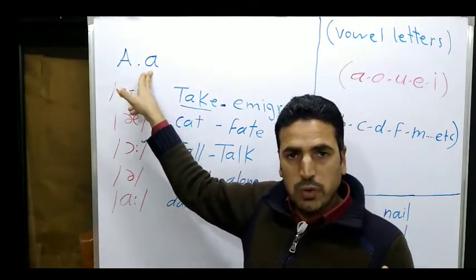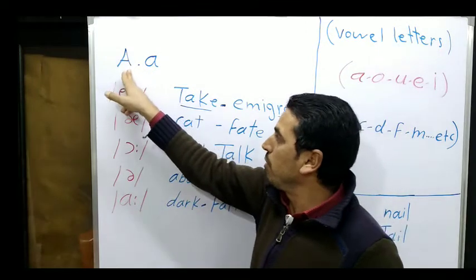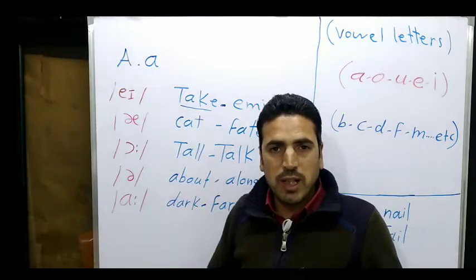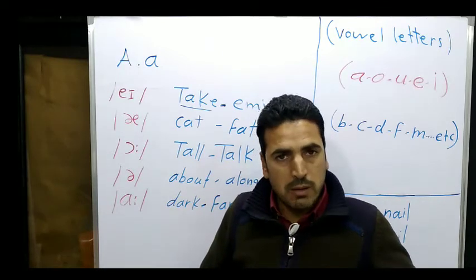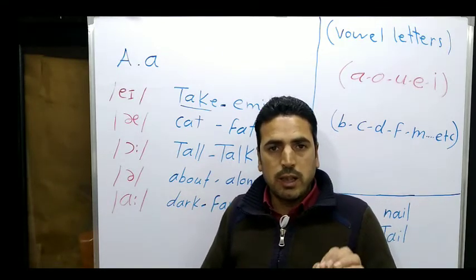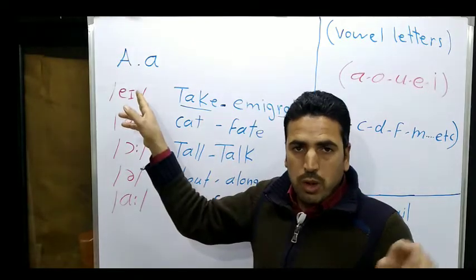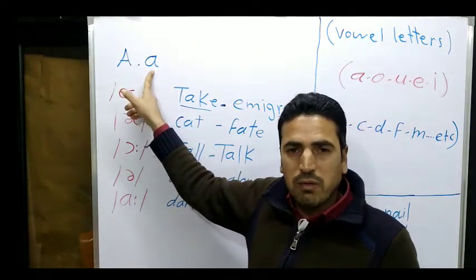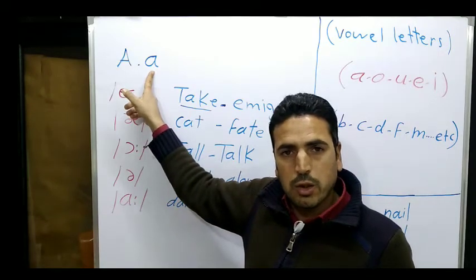This letter has two forms. The capital form has special uses. We use a capital form of the letter A or other letters in special cases. We will talk about that later. And the small form, we use this form in the usual writing.